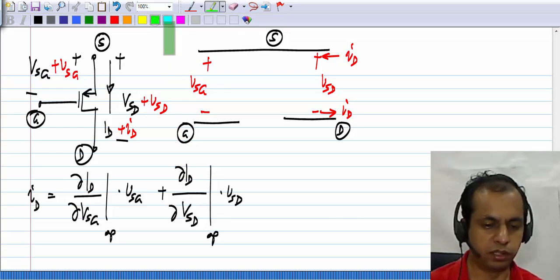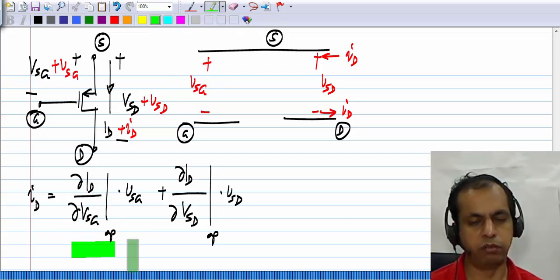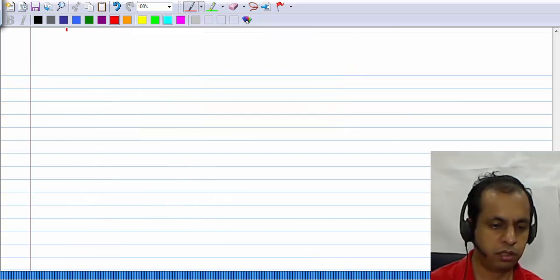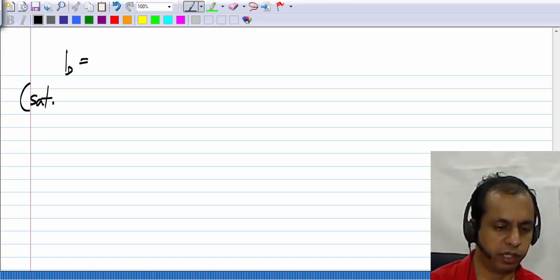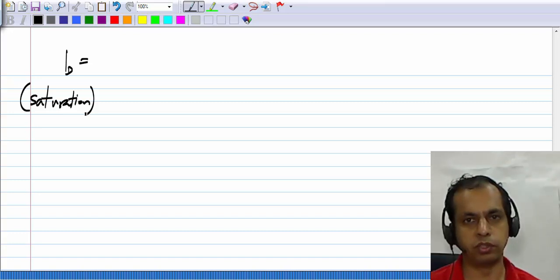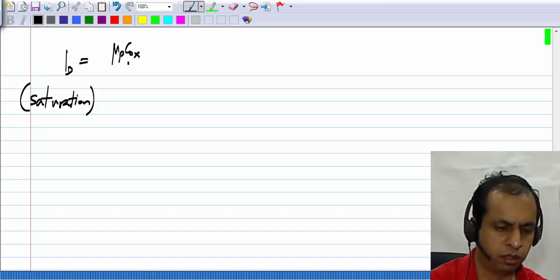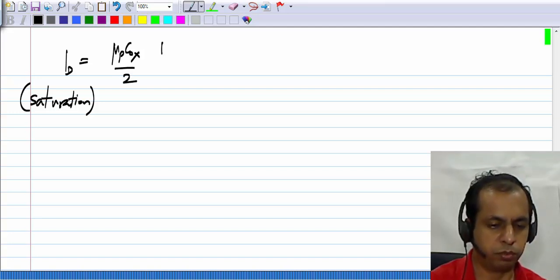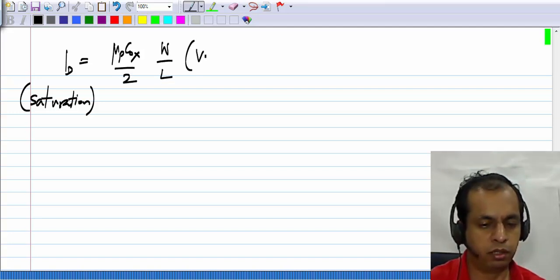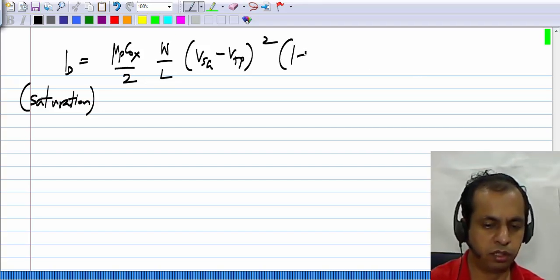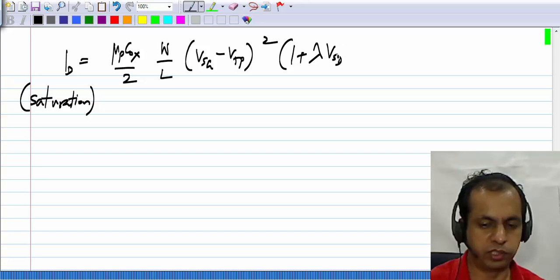Now let's consider these quantities one by one. We have the partial derivative with respect to VSG. ID, again I will do this only in the saturation region, but like NMOS you can also evaluate it in the triode region and so on. ID is μP Cox/2 times W/L times (VSG minus VTP) squared times (1 plus lambda VSD).